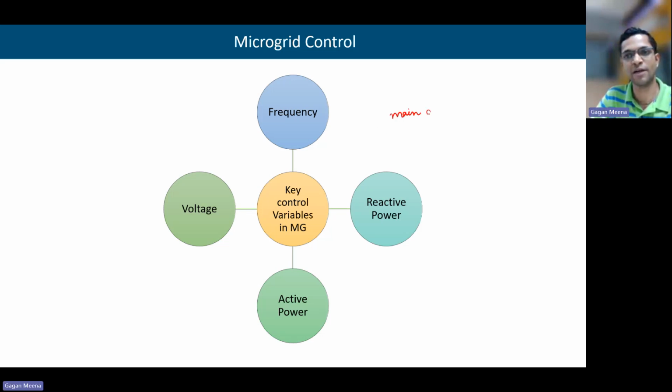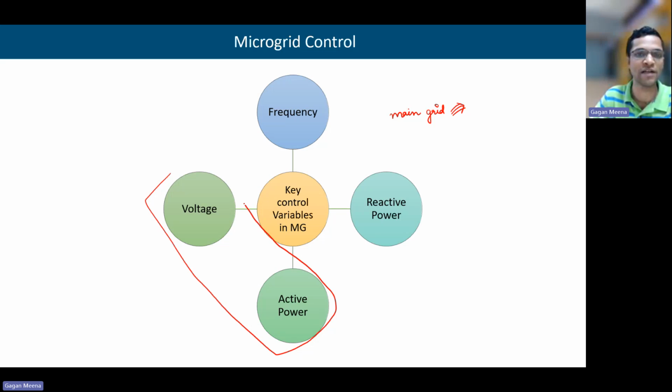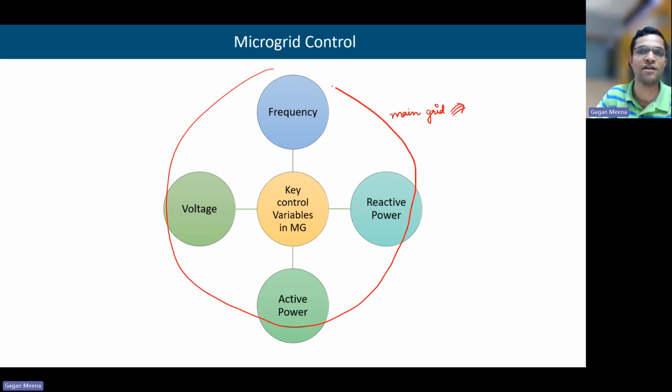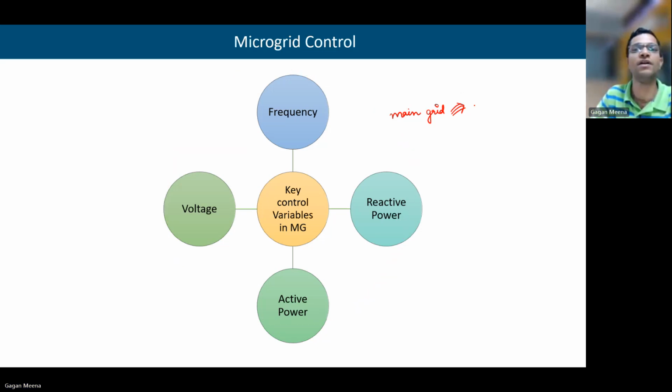Whether it's main grid or microgrid, we are supposed to control these four elements, especially in AC grids, because frequency is not present in DC grid, neither the reactive power nor frequency. So in DC grid, we are concerned with voltage and active power. While in AC grid, we need to focus on all these four aspects. We need to control each of these four elements.